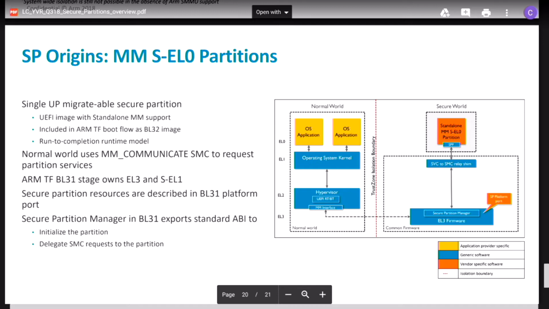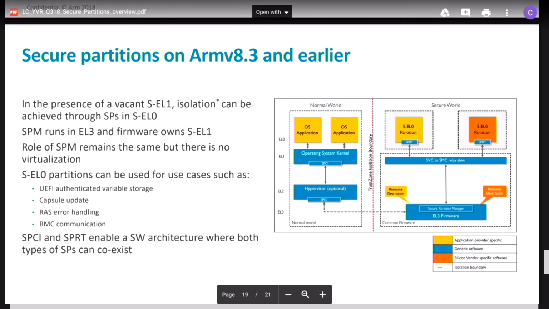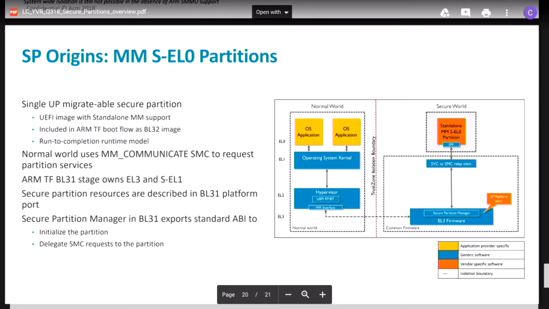The interface between the secure partition and the secure partition manager is Arm Trusted Firmware specific at the moment, but this is what will evolve into SPRT, as I showed in the previous slide. The secure partition manager manages this one partition. This code's been upstreamed, the EDK changes have been lined up for upstreaming, and it's able to fulfill use cases like RAS and variable storage. I think later in the day there are talks around this specifically. So that's the gist of the work that we've been doing and what we are proposing.